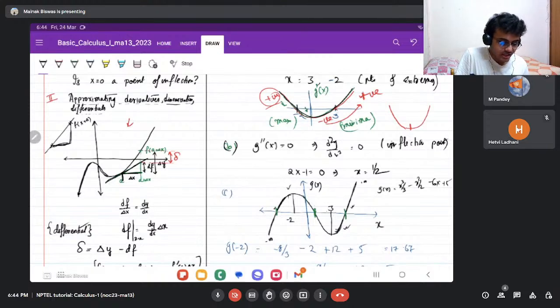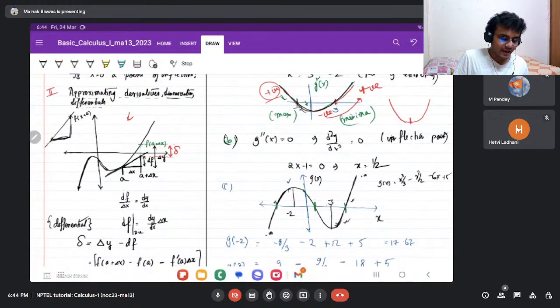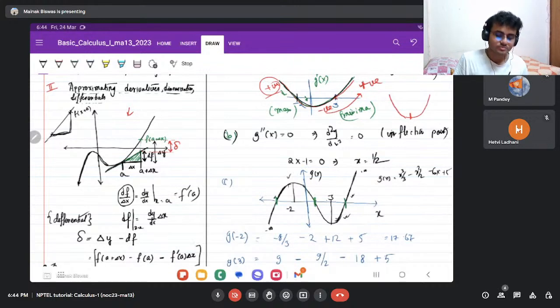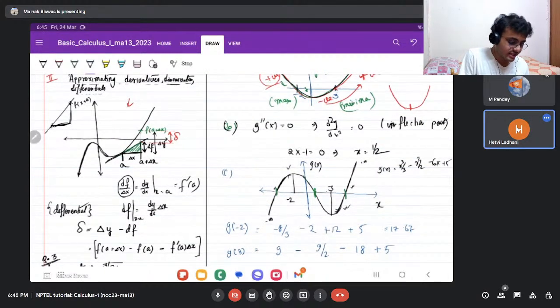Now I go delta x towards the right. Can you see this triangle, right? This triangle, if I name this df by delta x, would be the same as the derivative of the curve at x equal to a, or f dash a. Is it correct? Yes, sir. And this is known as the differential.